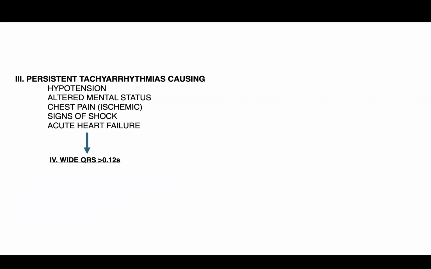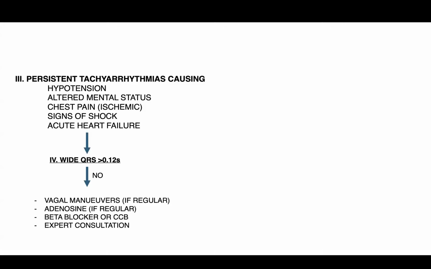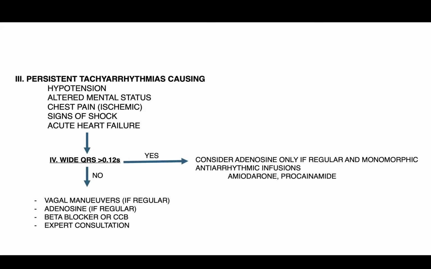If the features of hypotension, altered mental state, chest pain, shock, or heart failure are not there, then you need to assess if the QRS is wide. If the QRS is not wide, it is narrow complex, and you go with vagal maneuvers, adenosine, beta blockers, or CCBs, and expert consultation.